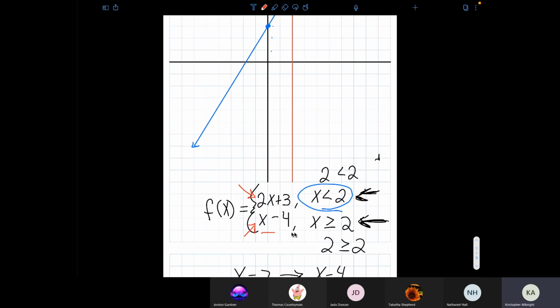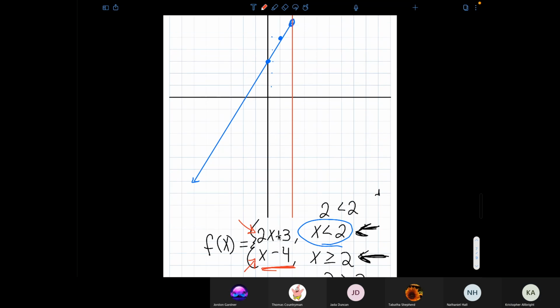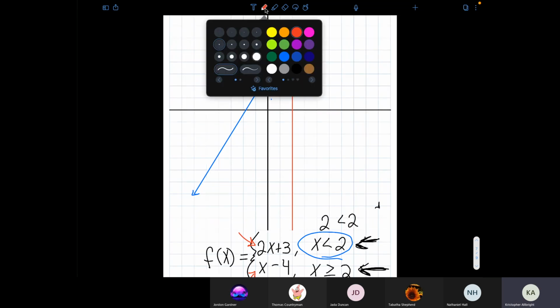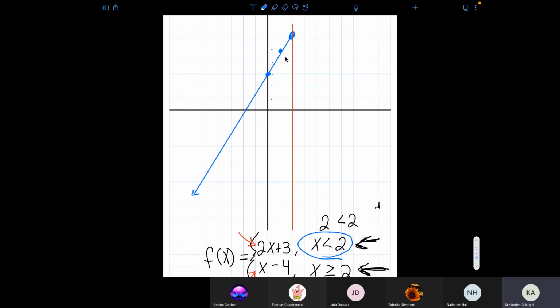So now on this side, we need to graph x minus 4. So x minus 4 has an intercept of negative 4. We're going to work on the left side of the line for right now, but I'll show you how to transition over in just 1 second. 2, 3, 4. And then we have a rise over run of 1.